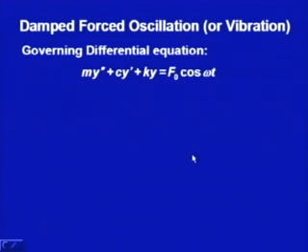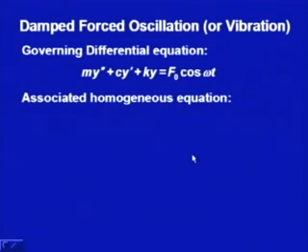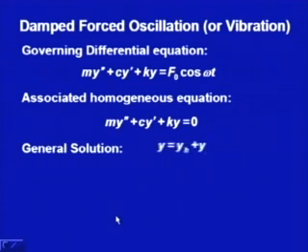This is a non-homogeneous equation. So, the associated homogeneous equation would be my'' + cy' + ky = 0. The general solution of this non-homogeneous system is of the form yh + yp, where yh is the general solution of the corresponding homogeneous equation and yp is the particular solution of the non-homogeneous equation.